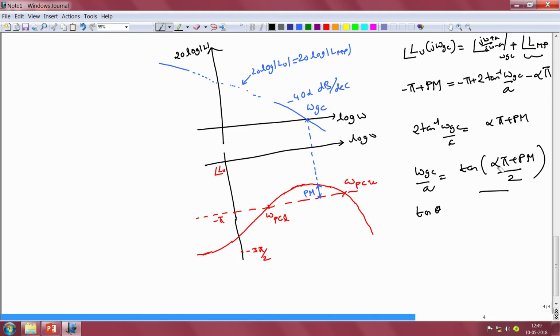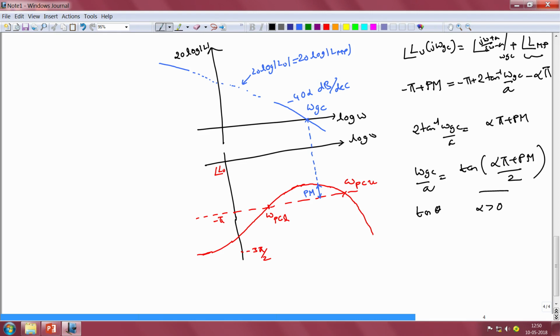Since the term alpha has to be a positive number because our gain has to cross over, or in other words the slope of the magnitude characteristic has to be some negative number, alpha has to be greater than 0, and therefore what this indicates is that the gain crossover frequency is going to be an increasing function of alpha. So the larger is the value of alpha, or the steeper is the slope in the vicinity of the gain crossover frequency, the larger will be the gain crossover frequency itself.